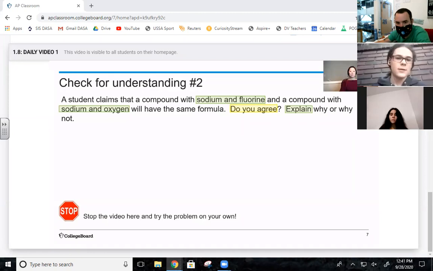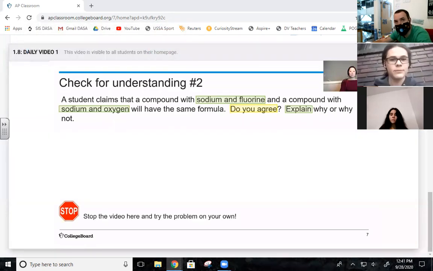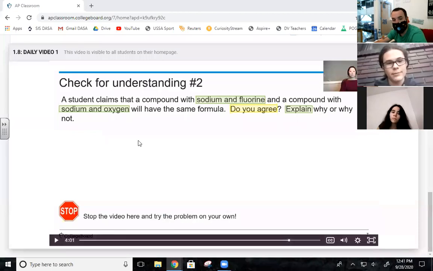What do we determine? Or I guess Elijah and Jeanette are still working on it. Well, I think that the student would make a mistake because fluorine and oxygen are in the same column. Fluorine and oxygen are in the same column, but what about sodium? Oh wait, sodium and sodium. That's the same thing.